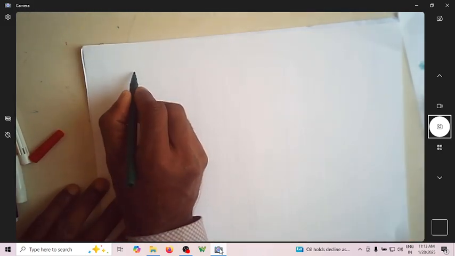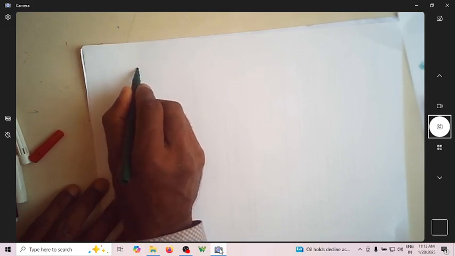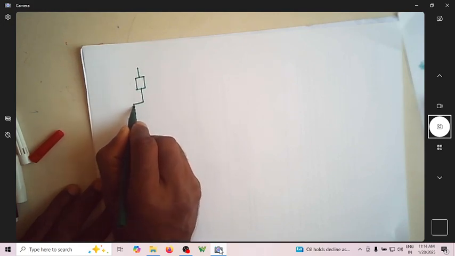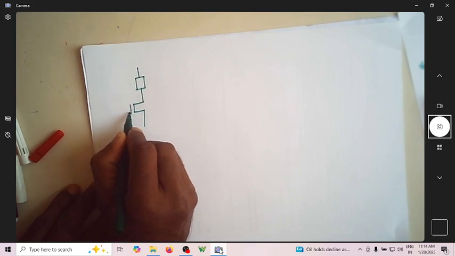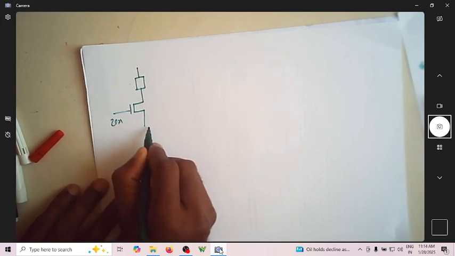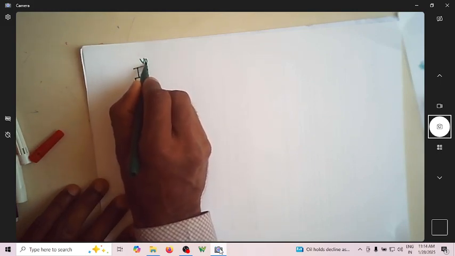So let us use one of the loads for the CS amplifier. Let us do it for all different loads. Let me just take a typical CS amplifier. This is my CS amplifier, and this is my load. This is Vin, and this is VDD.